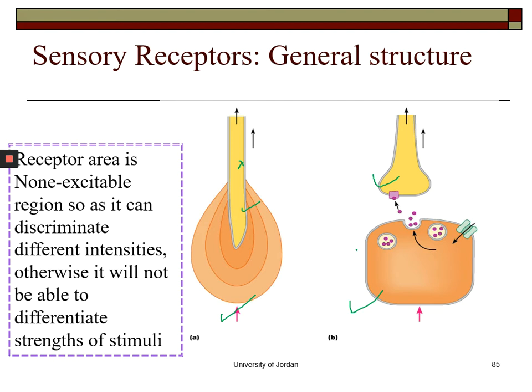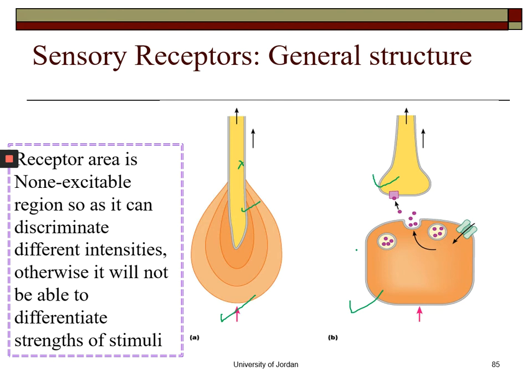So the maximum rate of impulses in this afferent neuron in that case is 500 impulses per second. Even if I have a stronger stimulus, I cannot exceed the absolute. What determines the maximum rate of impulses in the afferent neuron is the absolute refractory period. So the absolute refractory period is the limiting factor.